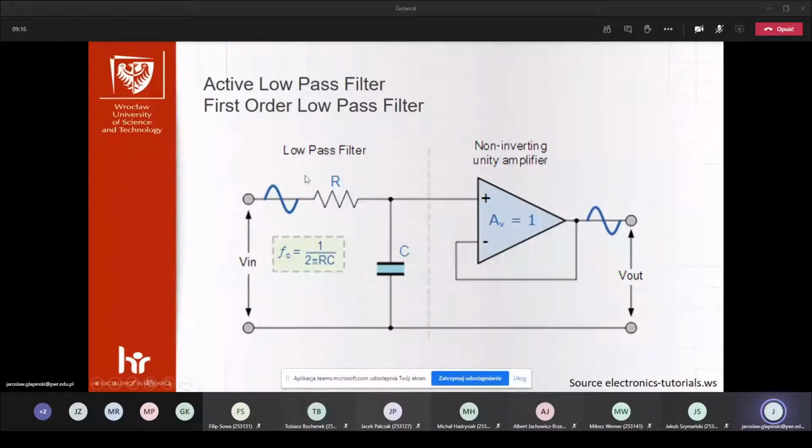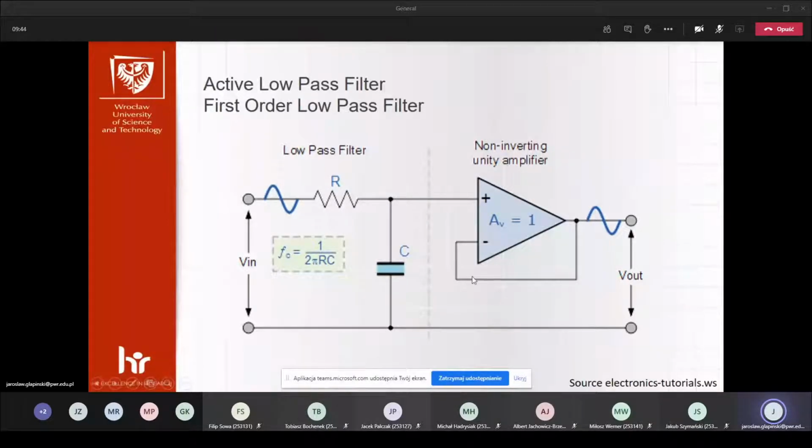So we can build a typical filter, but we use a buffer, a non-inverting amplifier, just to buffer the signal and to make sure that the other system after this filter will not have current going through this filter.